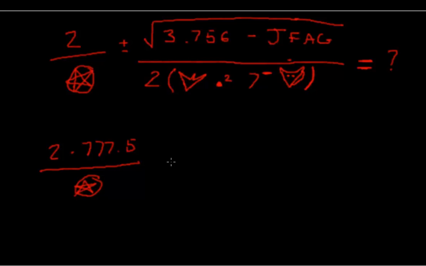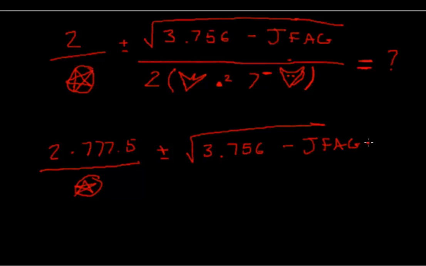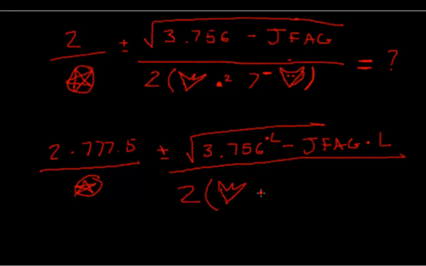Plus or minus the square root of 3.756 minus G-fag. Now we multiply that by L. We always leave the bottom alone. So placeholder variable multiplied to the second power, 7 minus Baphomet.